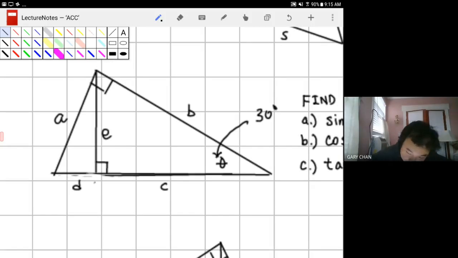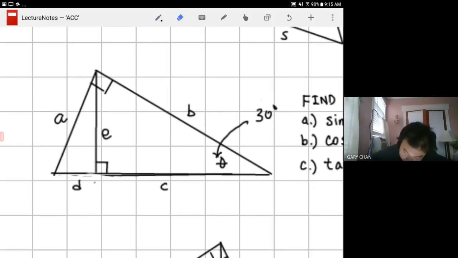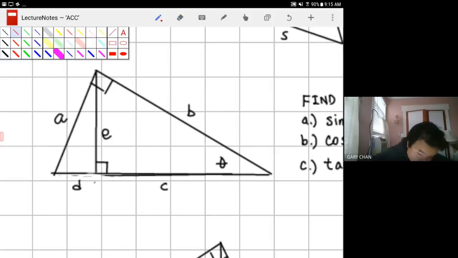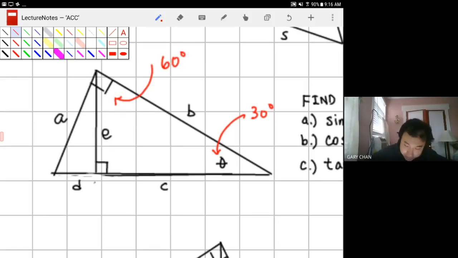I'm going to use red instead of black. So if this angle here was 30 degrees, what would this angle over here be? I'm not pointing at the 90-degree angle, I'm talking about this angle over here. That would indeed be 60 degrees. I totally agree with that.